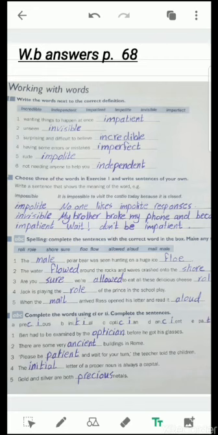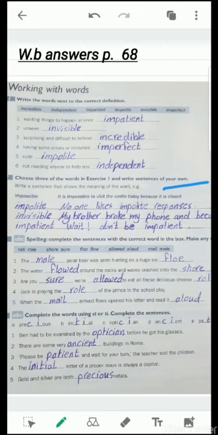Exercise number 2. Choose 3 of the words in exercise 1 and write sentences of your own.